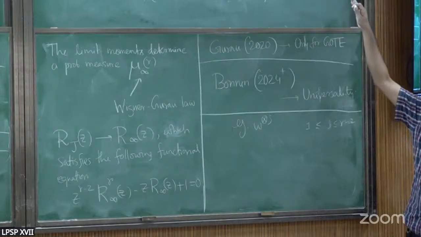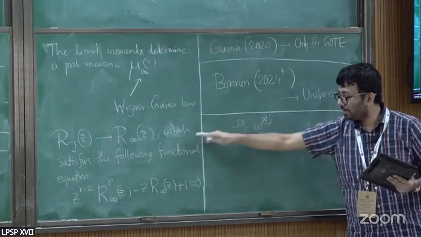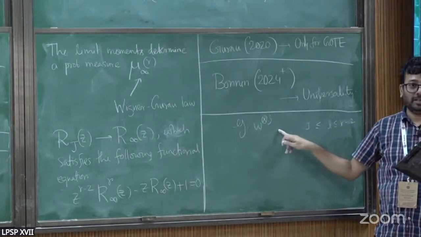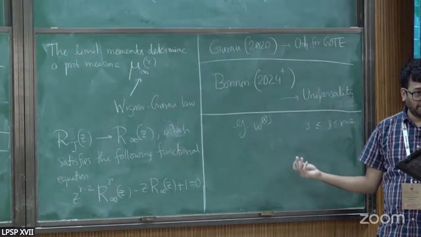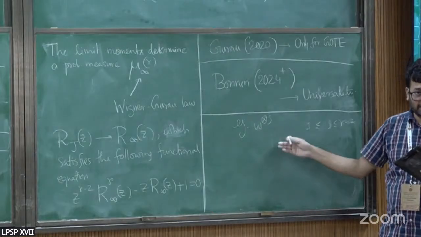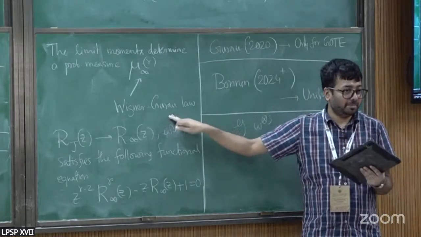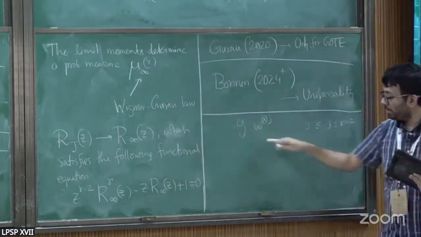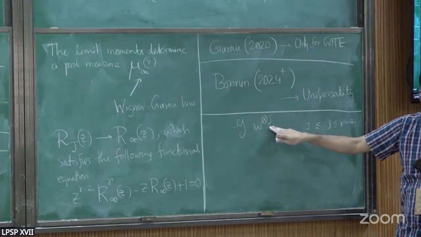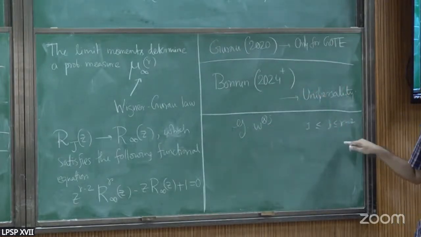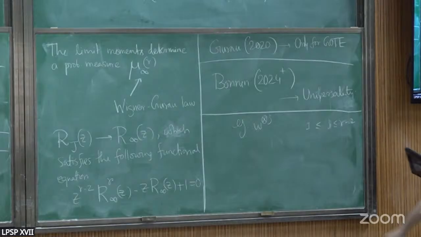So there is a hierarchy of laws going on. At the top level, you have this Wigner-Gurau law. If you contract by one direction, you get a lower order tensor, an r minus 1 order tensor. That will also have this Wigner-Gurau law with a different parameter, all the way down to r minus 2, which we have proved earlier. Mixed ones are not known yet.